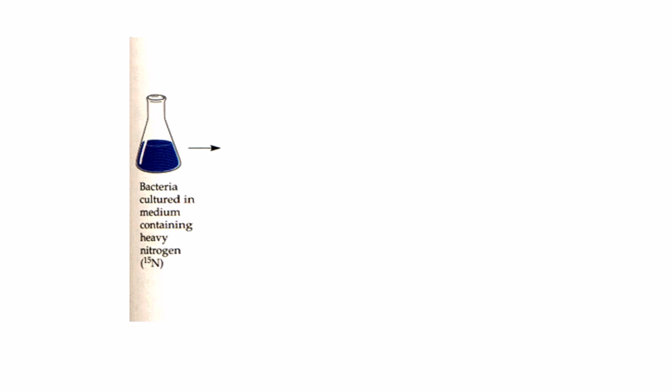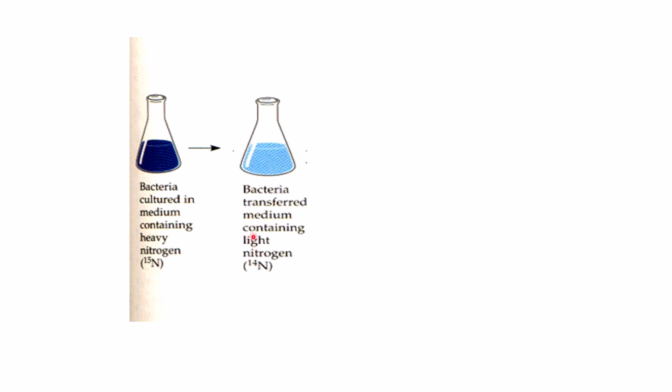So grow E. coli in the medium containing the heavy isotope of nitrogen. Allow it to grow for several generations, as a result of which the entire DNA is heavily labeled. Now from this flask, transfer the culture into a medium containing the light isotope of nitrogen.